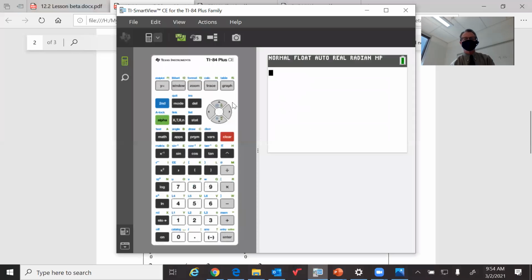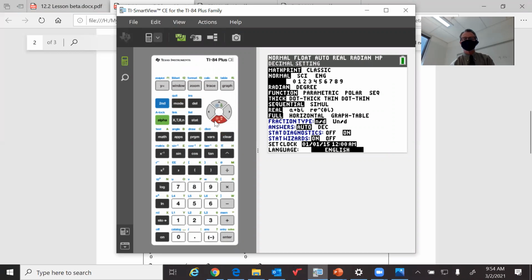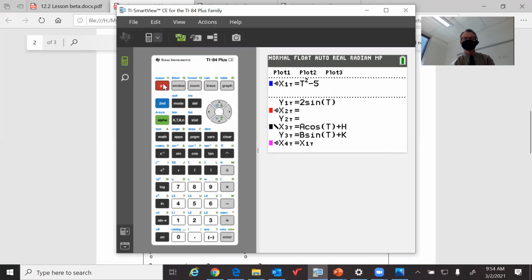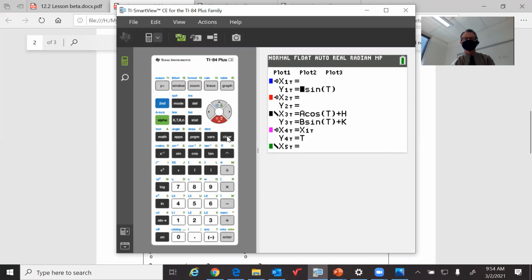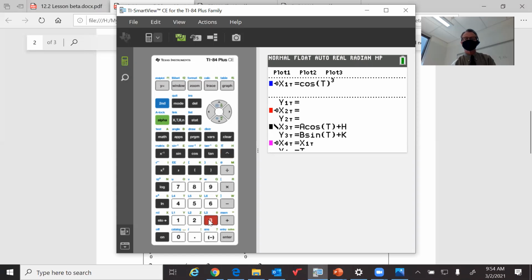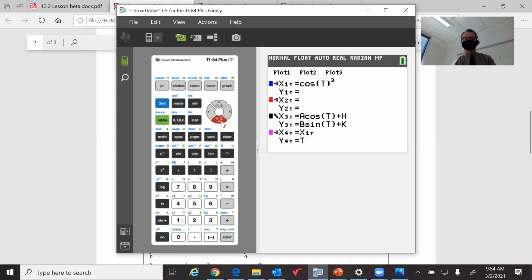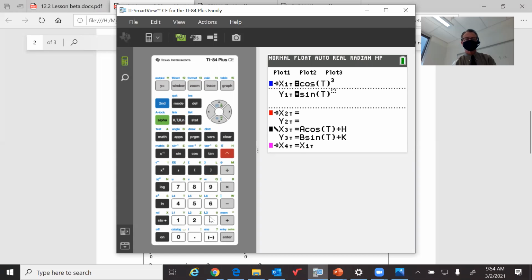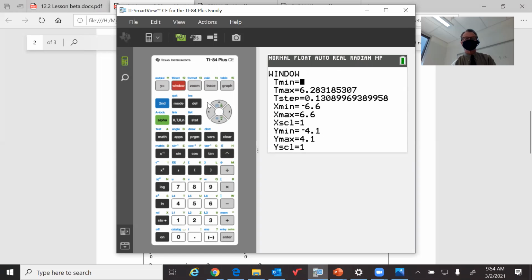So I go to the calculator, go to mode, I have cosine t. So I only want from 0 to pi over 2. So I'm just going to draw that much of it.